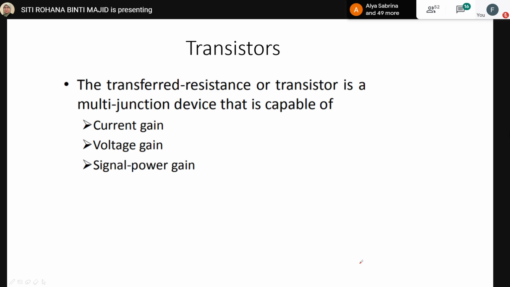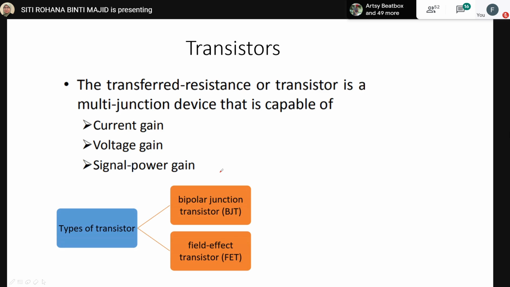So it is a transfer resistance device, which is capable of giving us the value of current gain, and also voltage gain, and lastly signal power gain.